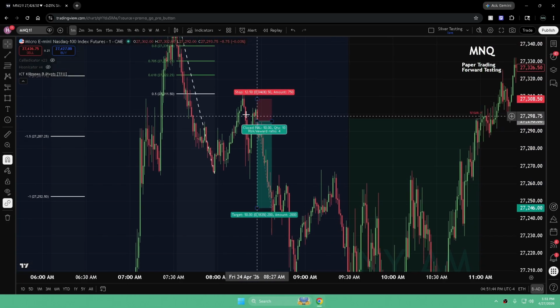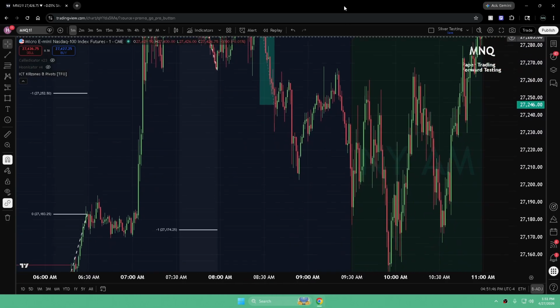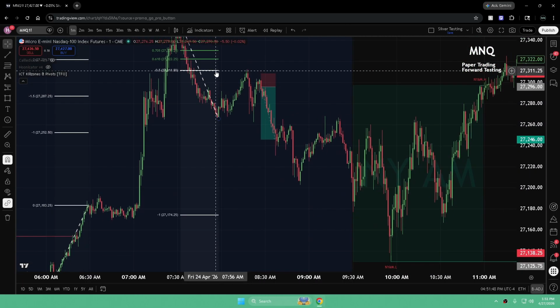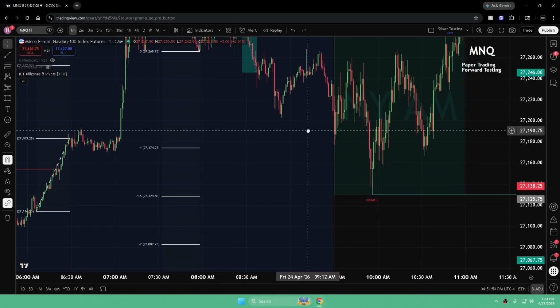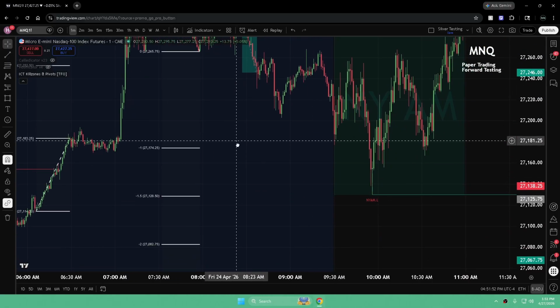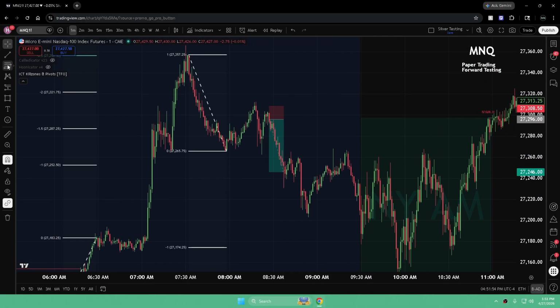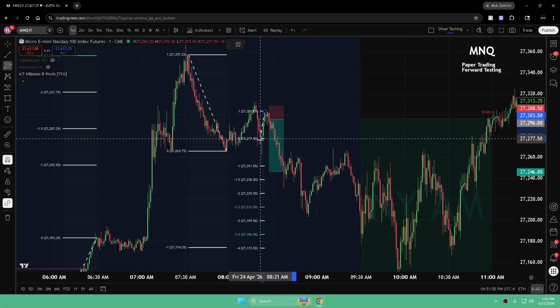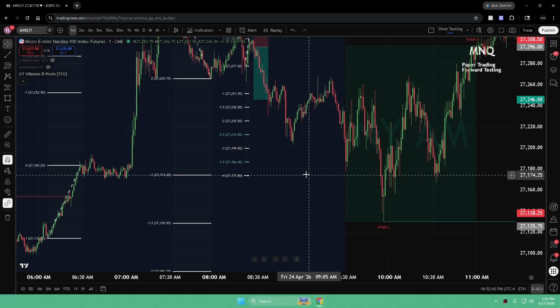If you take your last leg, let's see. Let's change this one to our projection levels. We have negative 1.5 here, but if you take your last manipulation leg, which would be this high to this body low right here, you could get out at negative 4.